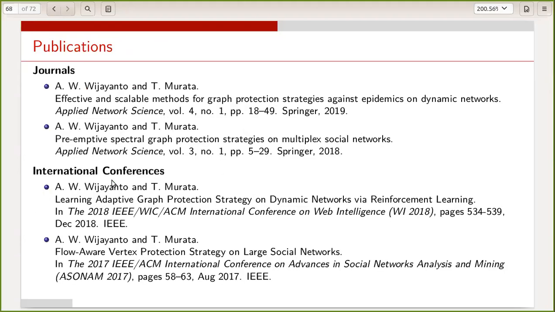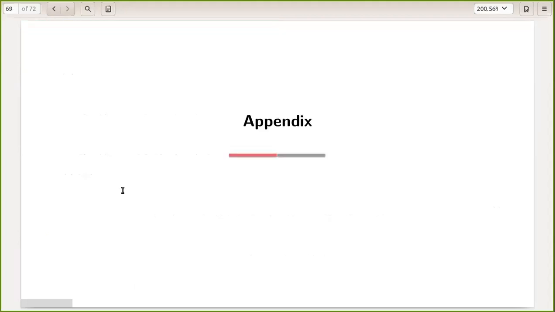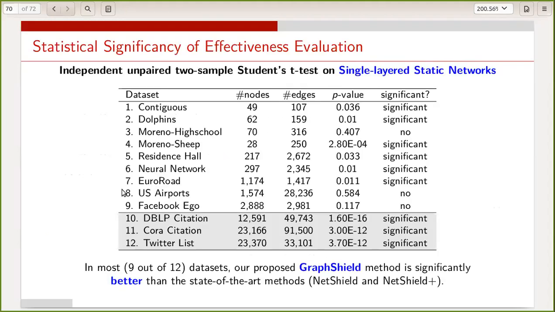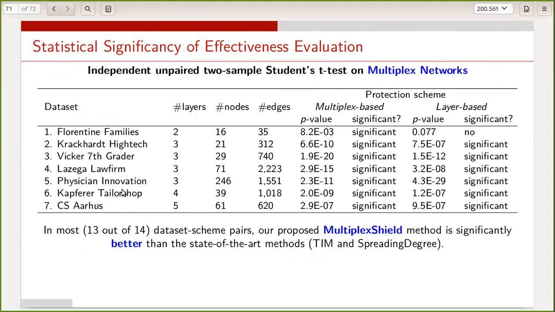This is just our publication related to this work. The first and second are in Springer Applied Network Science, and the conferences are IEEE Web Intelligence and IEEE ASONAM. This is just the appendix, the statistical significance evaluation using the independent two-sample Student's t-test.